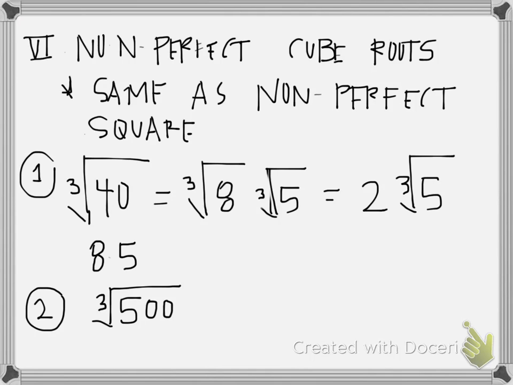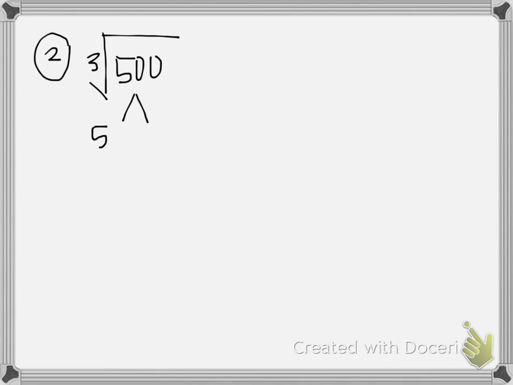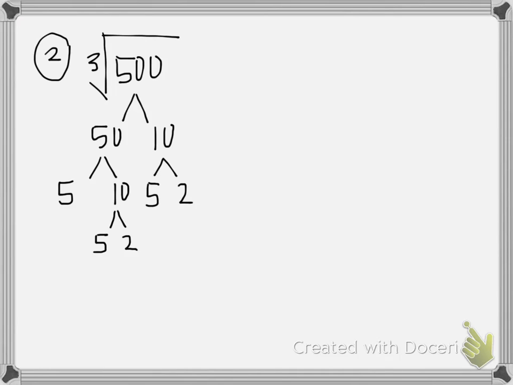Alright, what about the cube root of 500? Okay, cube root of 500. 500 is 50 times 10, right? 50 is 5 times 10. 10 breaks down to 5 times 2, right?